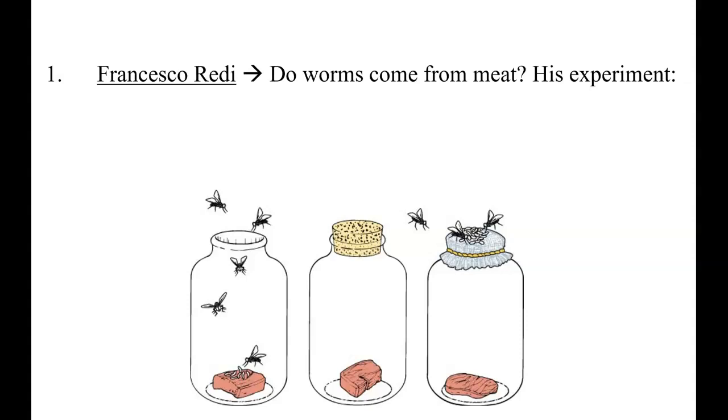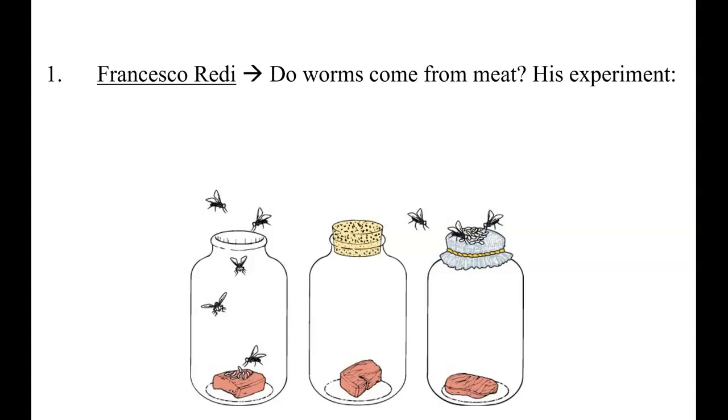What he noticed in the open jar was that flies were coming in and landing on the meat. Before long, there were little wormies, little maggots, crawling on the meat. So he realized based on this experiment that it wasn't the meat giving rise to living things.